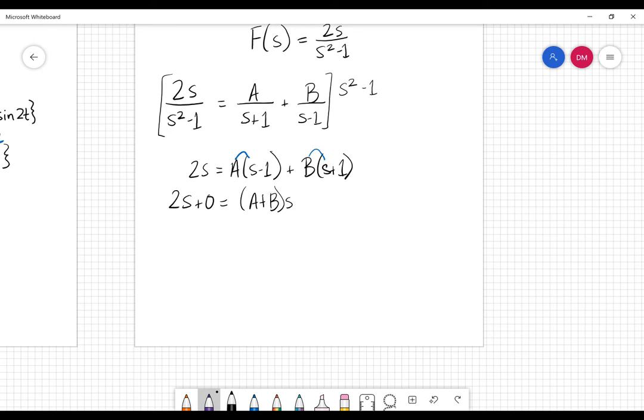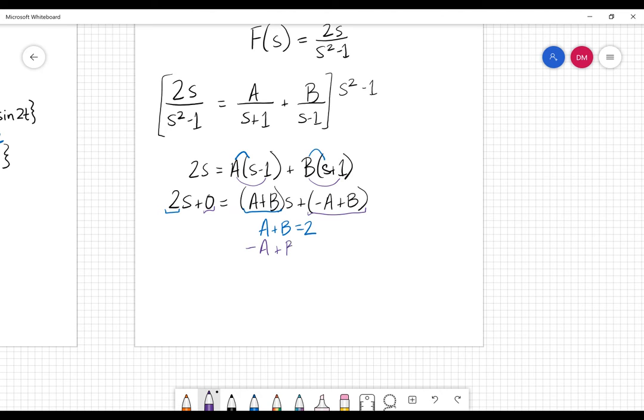And in terms of my constants, I have a negative A and a positive B, so I will have negative A plus B, which is equal to this constant of 0 over here. All right, so A plus B is equal to 2, and negative A plus B is equal to 0.